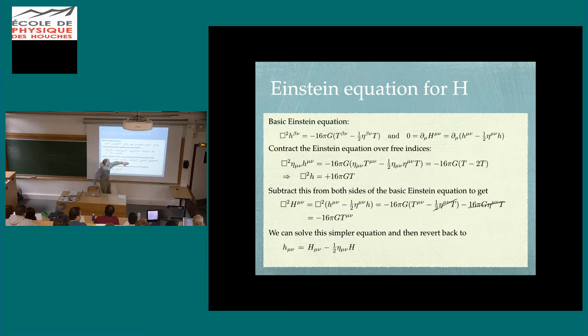And then by using this equation, I'm essentially subtracting off that last term. So I get 16 pi G times just the stress energy tensor. So this is really the value of using the big H's, is that it makes the equation even simpler by making the right-hand side simpler. And once I've got a big H solution, I can always go back to the little h by subtracting half of the trace.